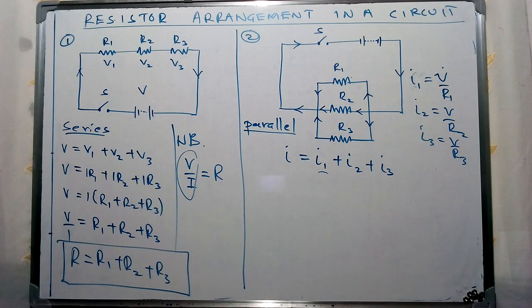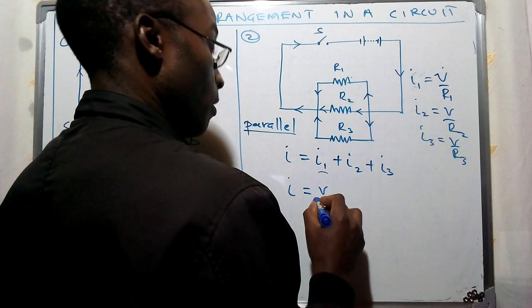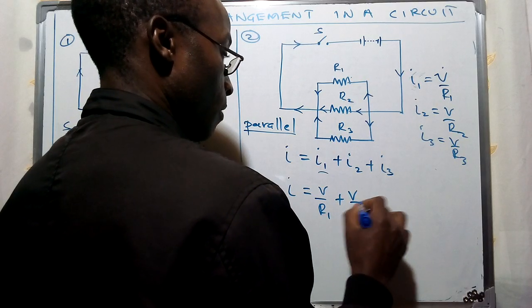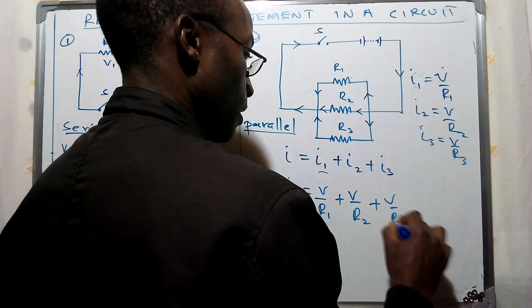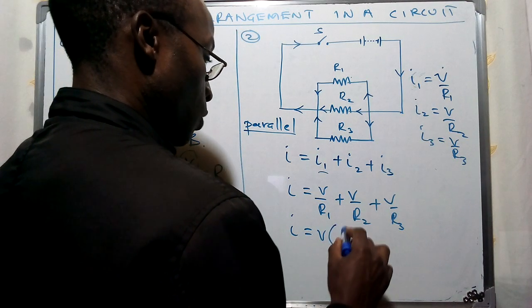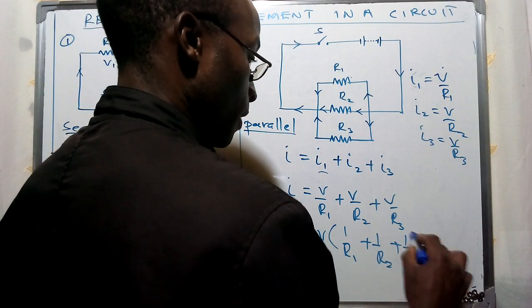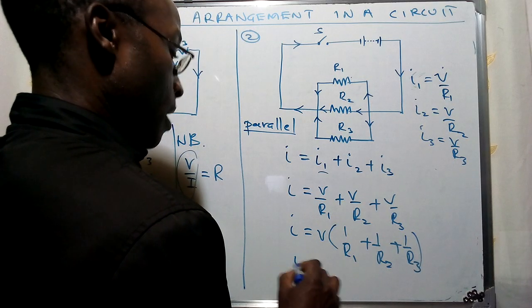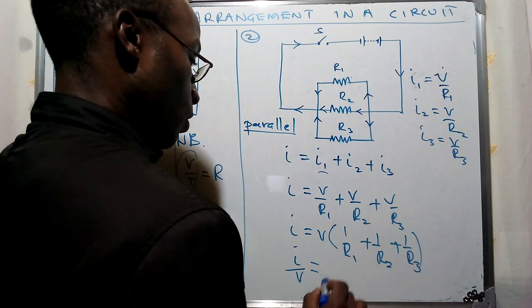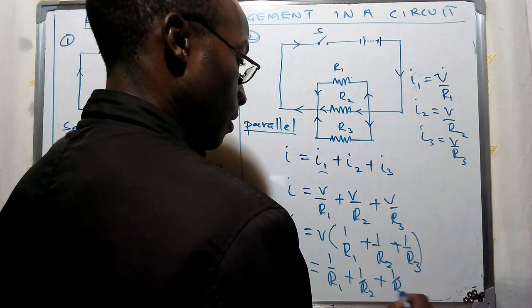So we can simply evaluate the current which flows through the entire circuit using this illustration, by substituting V over R1 plus V over R2 plus V over R3. This is shown as V into 1 over R1 plus 1 over R2 plus 1 over R3. And of course, the ratio I over V is equivalent to 1 over R1 plus 1 over R2 plus 1 over R3.